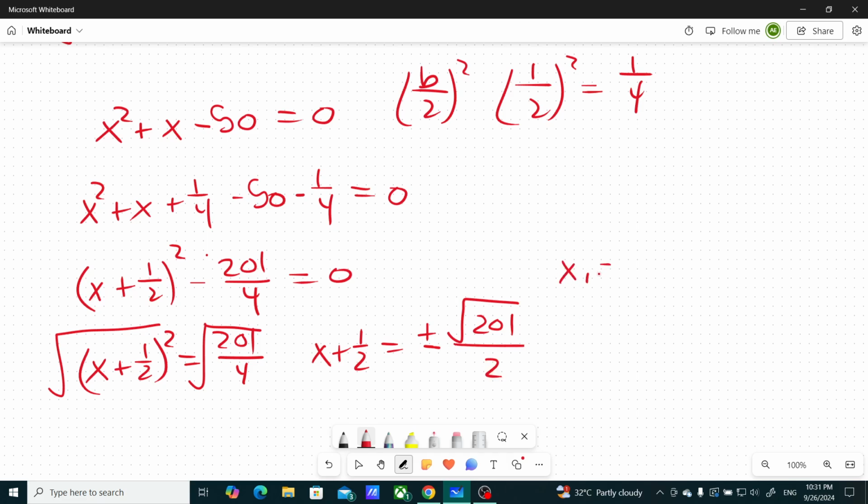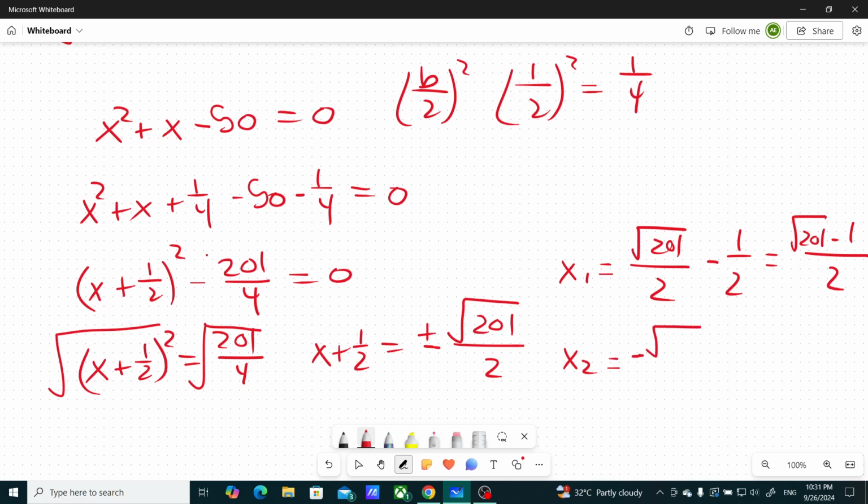So my first x is going to be root 201 over 2 minus half, which is going to equal root 201 minus 1 over 2. And my second x is going to equal a negative root 201 over 2 minus a half, which is going to equal minus root 201 minus 1 over 2.